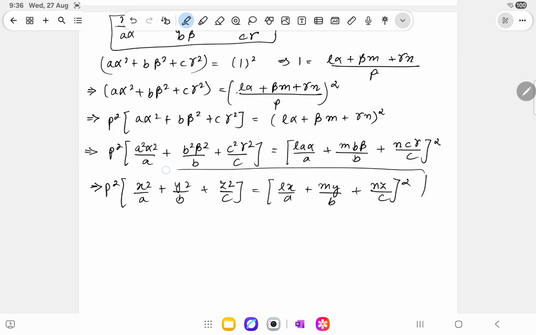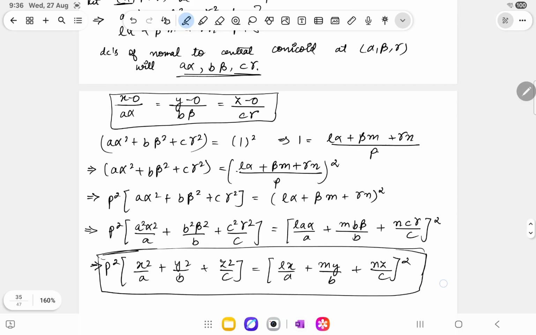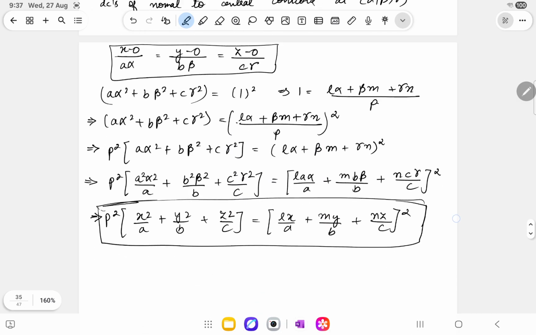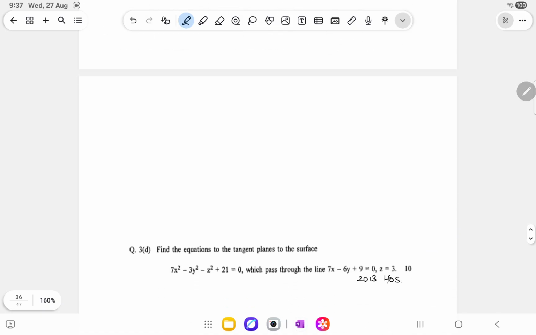So this is basically my locus of the cone, which is generated via a line passing via origin and whose direction ratios are parallel to the normal at the intersection point of this conicoid and the plane. So let us move on to the next question.